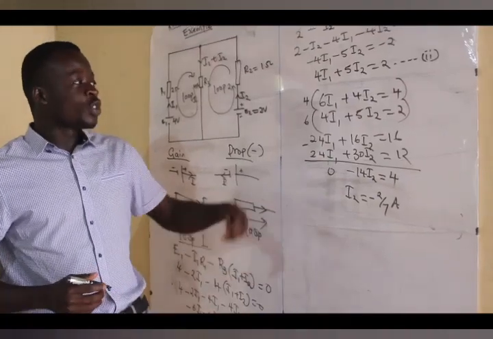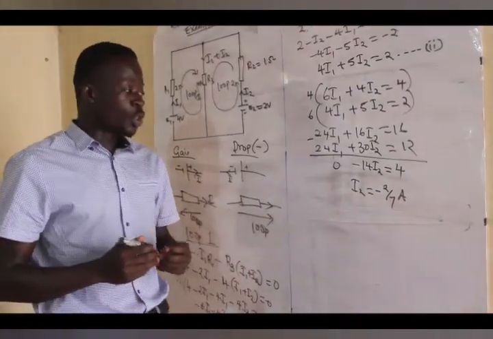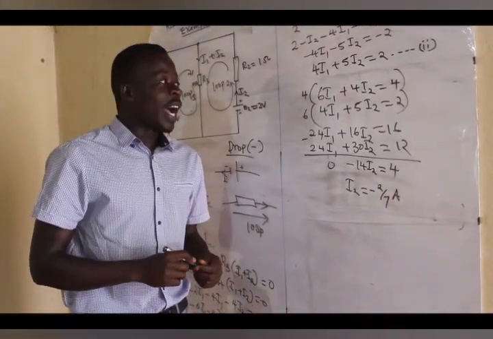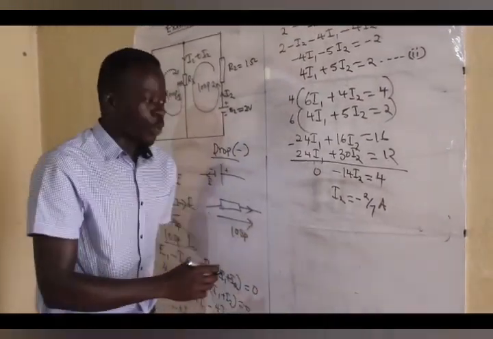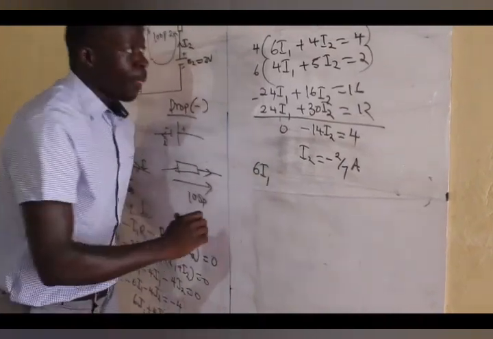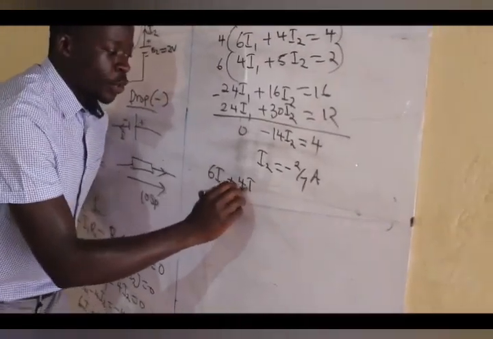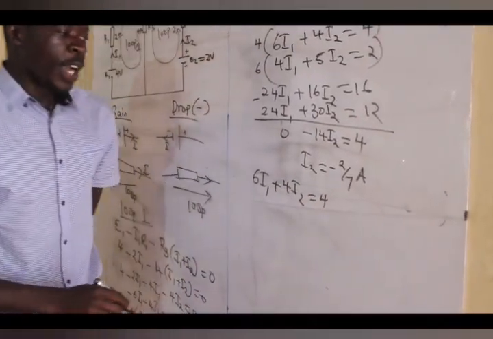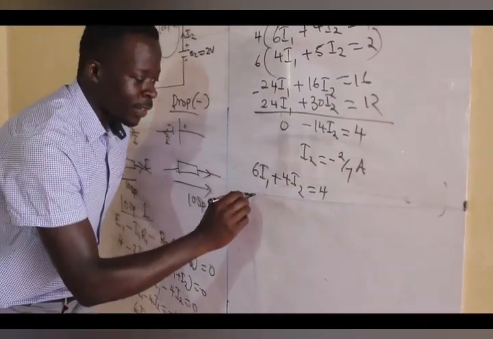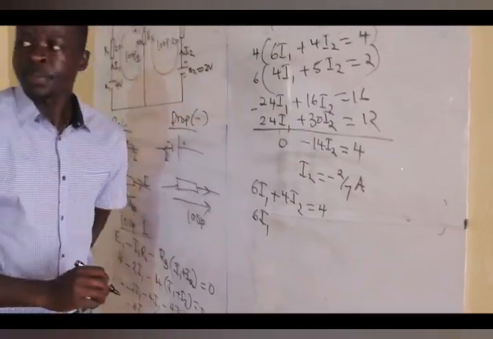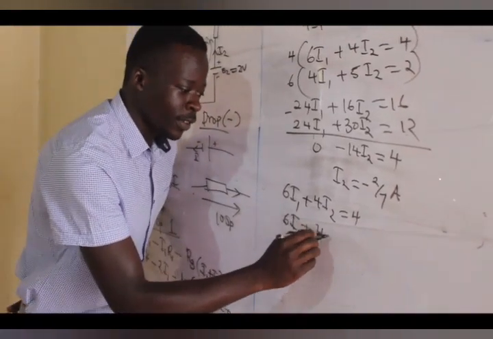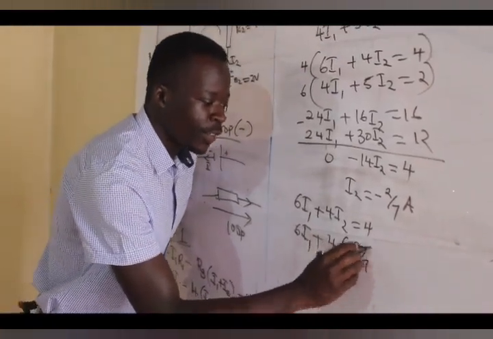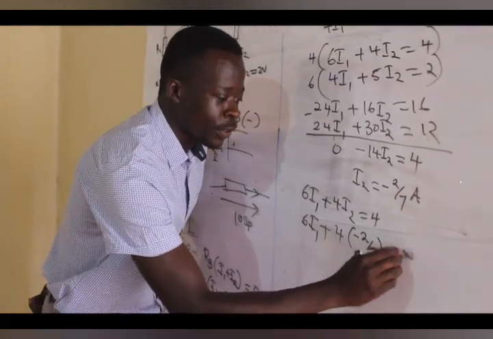After getting I2, you can use either equation 1 or equation 2 to replace the value of I2, and that will help you find the value of I1. So allow me to use equation 1, which was 6I1 plus 4I2 is equal to 4. Replacing the value, you'll have 6I1 plus 4 times negative 2/7 equal to 4.